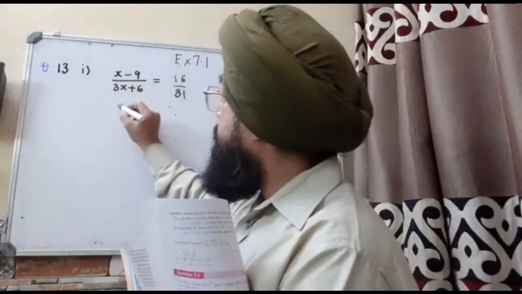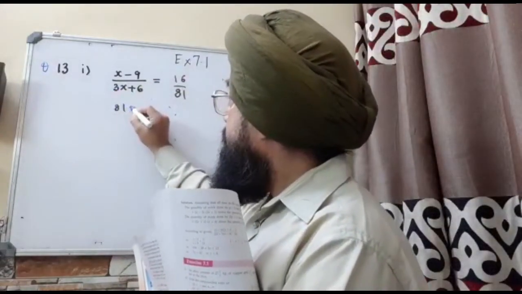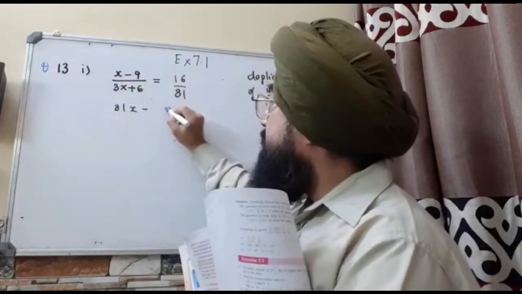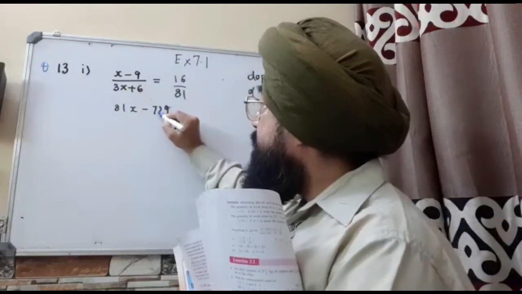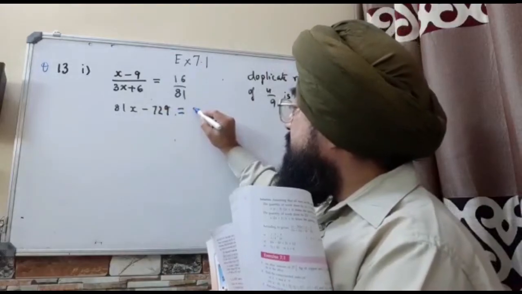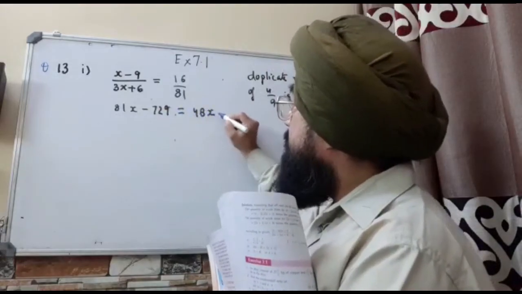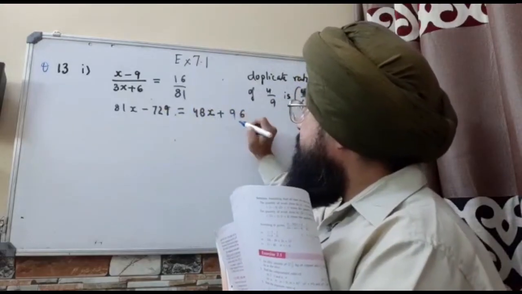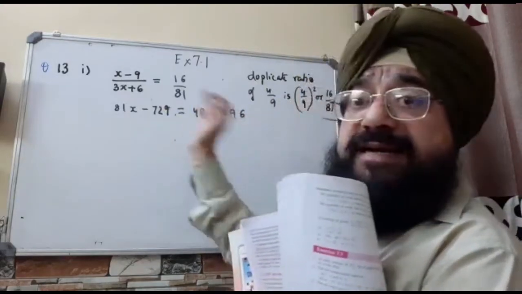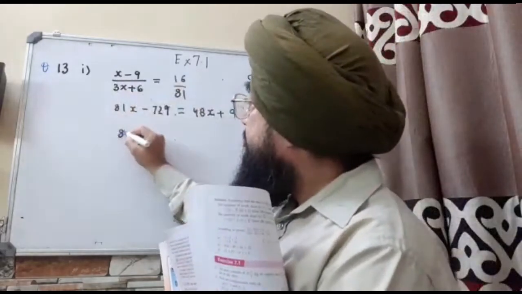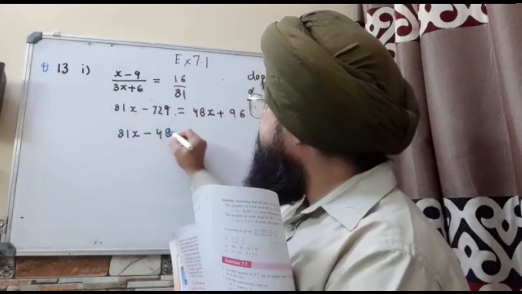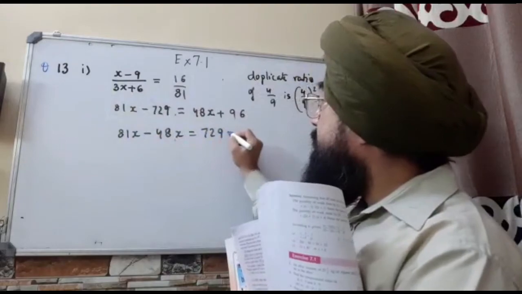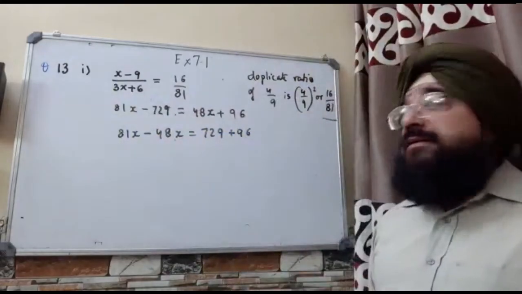On cross multiplying, we get 81 times (x minus 9), 9 8s are 72, is equal to 16 times (3x plus 6), 16 3s are 48x plus 96. Bring all the x's on one side. We get 81x minus 48x is equal to 729 plus 96.